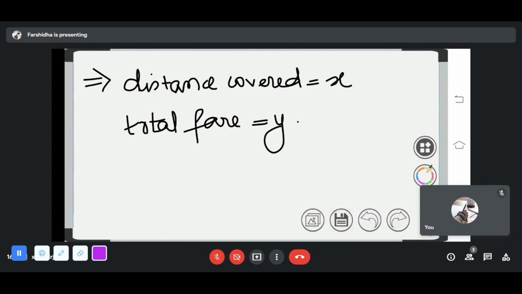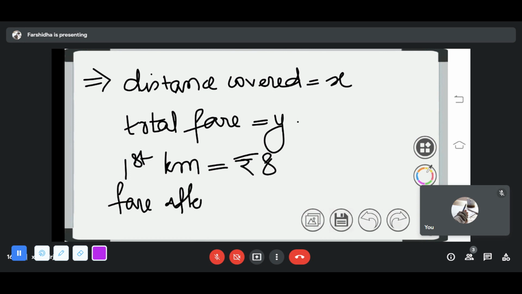So it is given in the question that for the first kilometer the fare is 8. So first kilometer fare is rupees 8. Then after the first kilometer, for every subsequent kilometer, you can write fare after first 1 kilometer is equal to rupees 5.